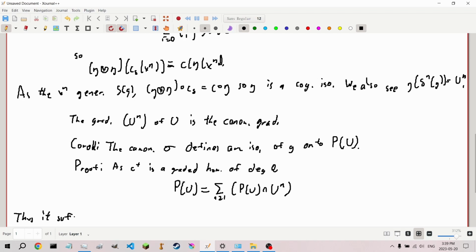It suffices to show that if n is greater than 1, and a in U to the n is primitive, then a equals 0.